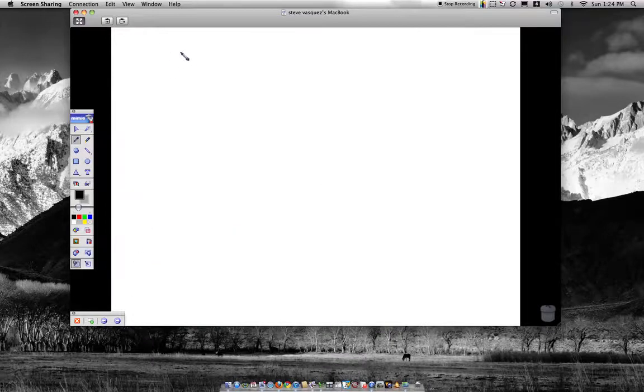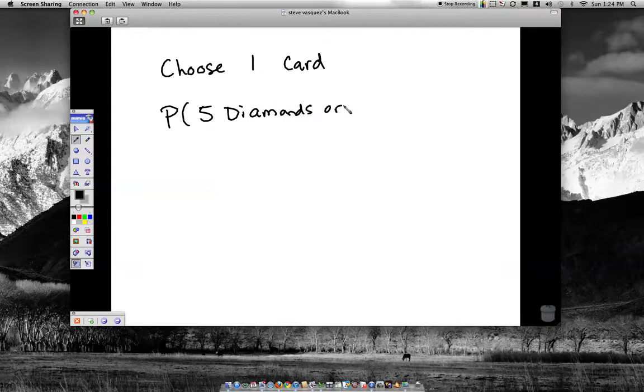Another option that we might see is a standard deck of cards. You choose one card. What is the probability that it will be a 5 of diamonds, or 6 of clubs, or a 2 of hearts?